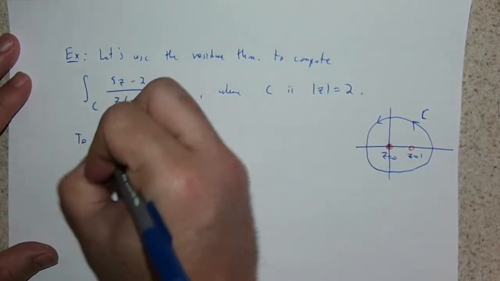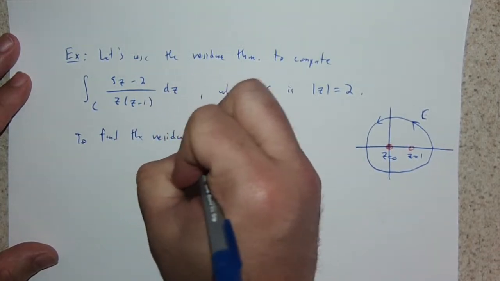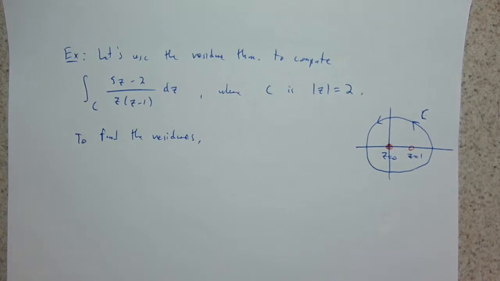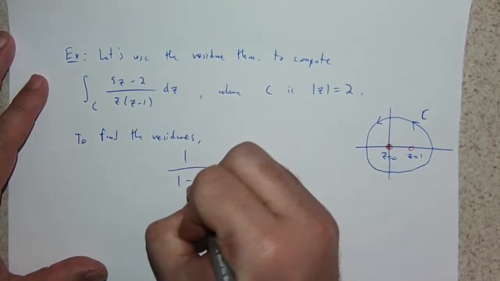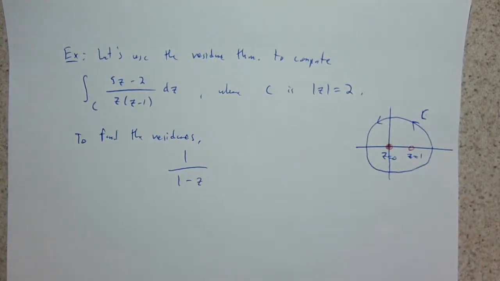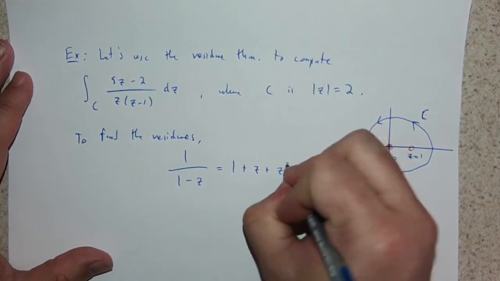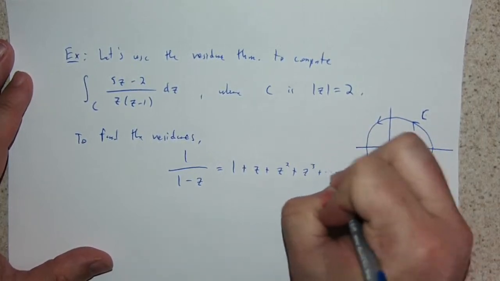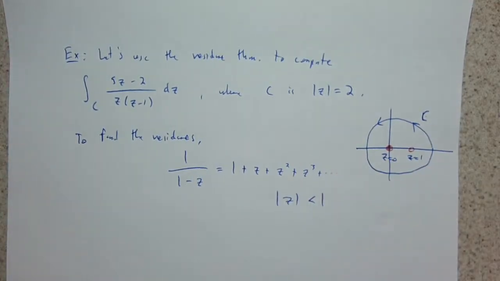So to find the residues, first of all, as usual, I want to use my favorite Maclaurin series. That gives me an expansion of this thing in terms of geometric series. So this is our usual geometric series. And so this is obviously valid only when the modulus of z is strictly less than 1. Okay.